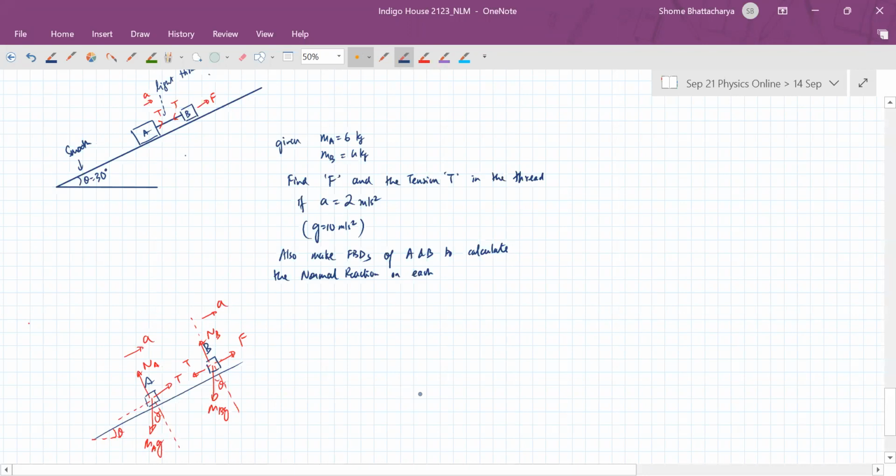So if I draw the resolved free body diagrams for each of them, I'll see for block A, there's normal reaction, tension, and components of weight.